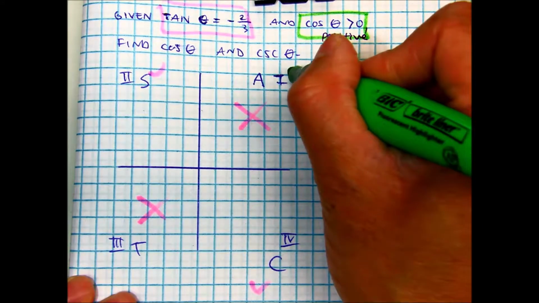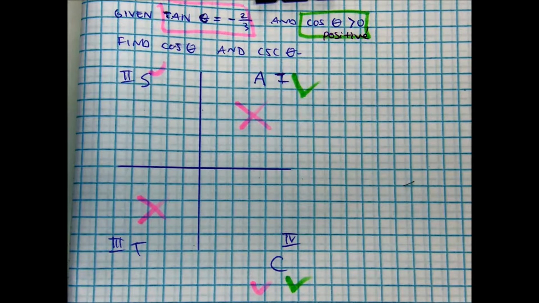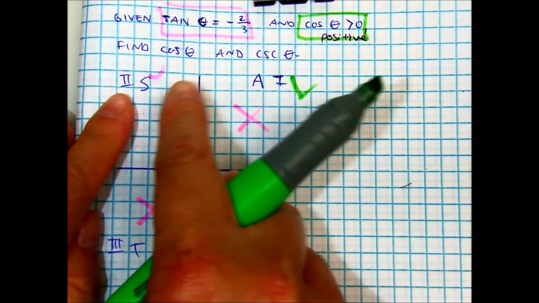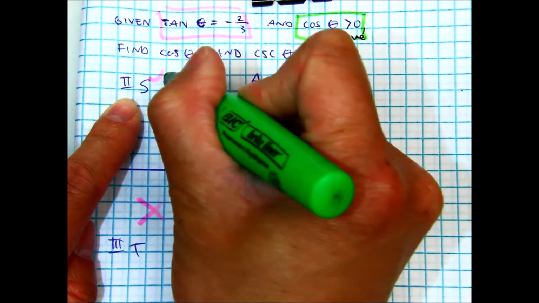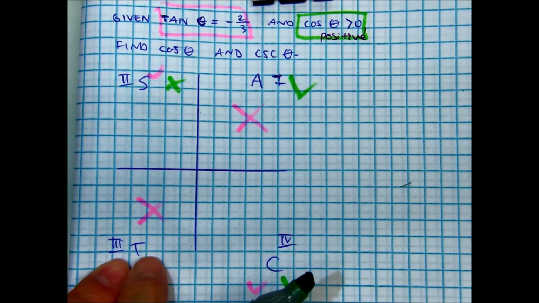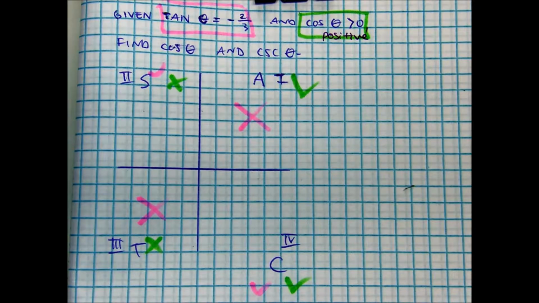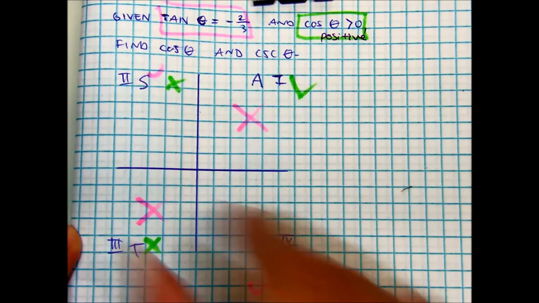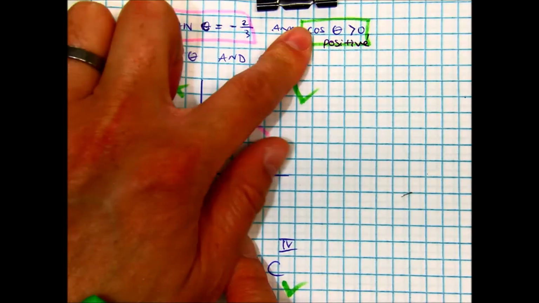Quadrants 1 and 4. Cosine is negative here, so I don't want that. And cosine is negative here, and I don't want that. So hopefully this visual shows you that here in quadrant 4, tangent is negative and cosine is positive.